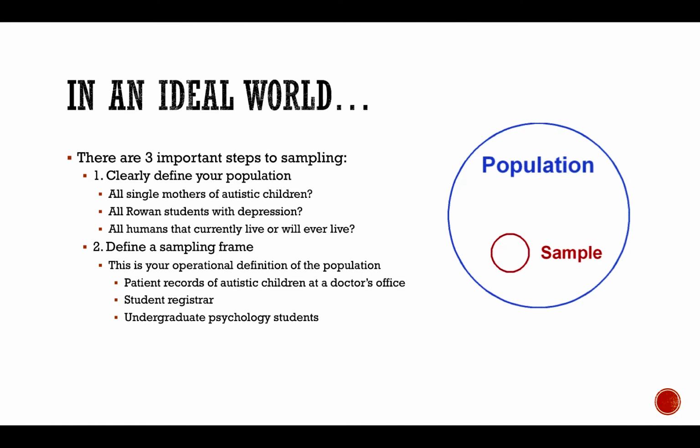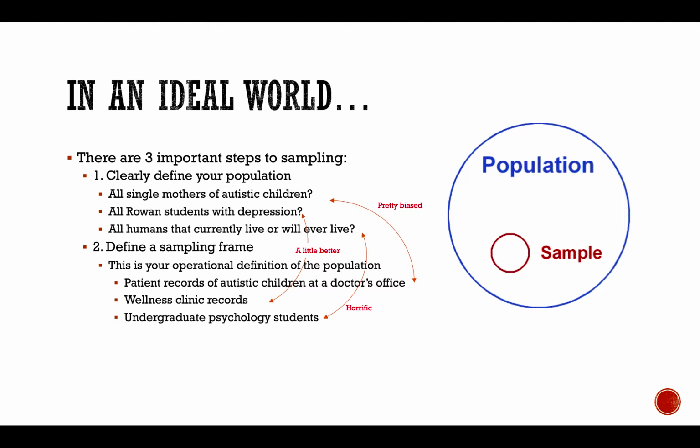Or undergraduate psychology students might be your sampling frame, or more specifically, student records. I guess somewhere in there I changed it from the registrar to wellness clinic records, which works, I suppose.